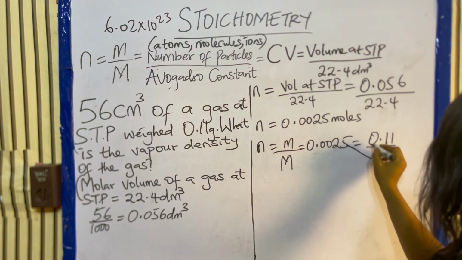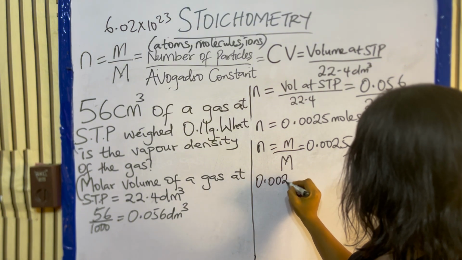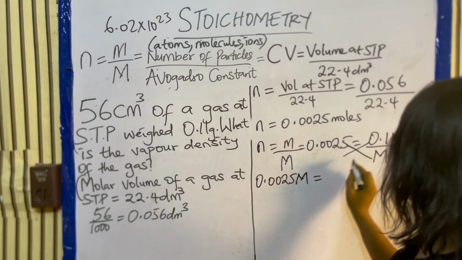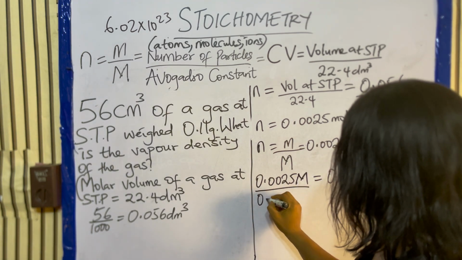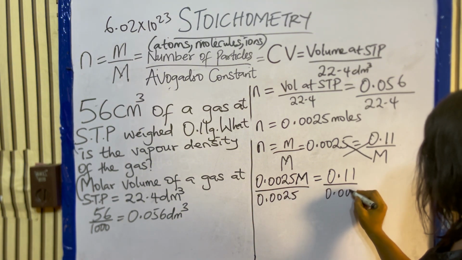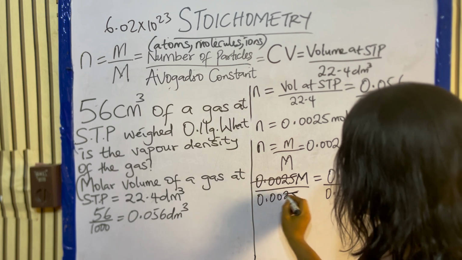So we're going to cross multiply. We have that 0.0025 mole times mass is equal to 0.11. So we're going to divide both sides by 0.0025. This cancels, this cancels.